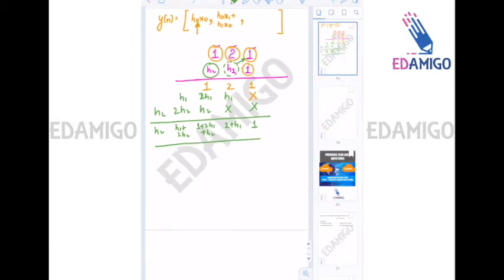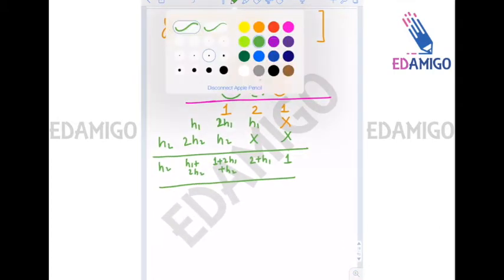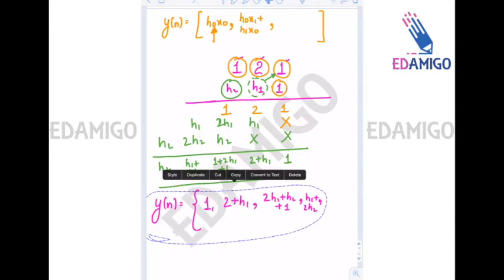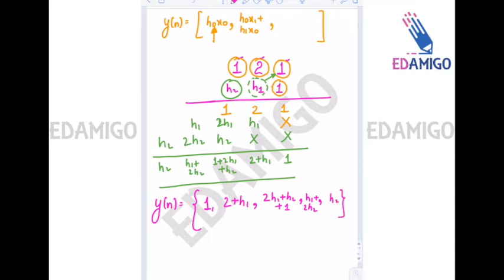So we have y[n] equal to 1, comma, 2 plus h1, comma, 2h1 plus h2 plus 1, comma, h1 plus 2h2, and the last term is h2. So this is the first term, this is y0.